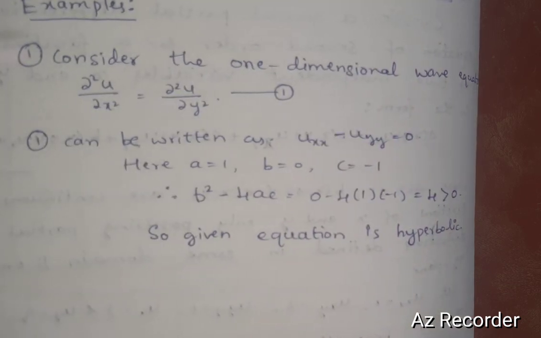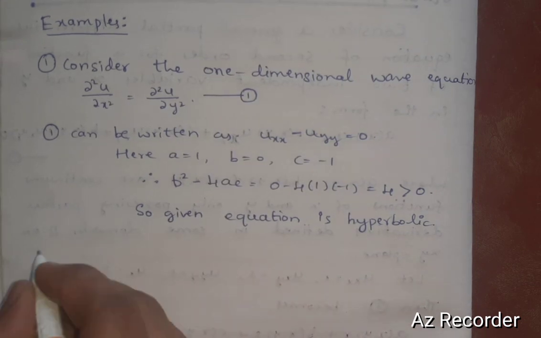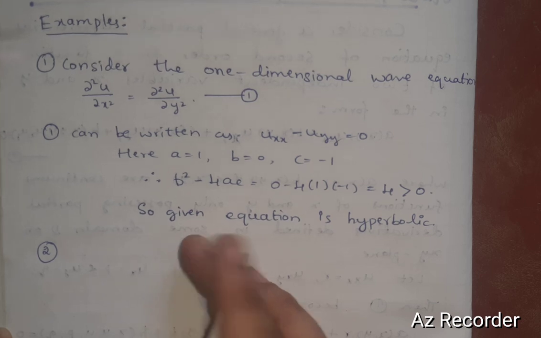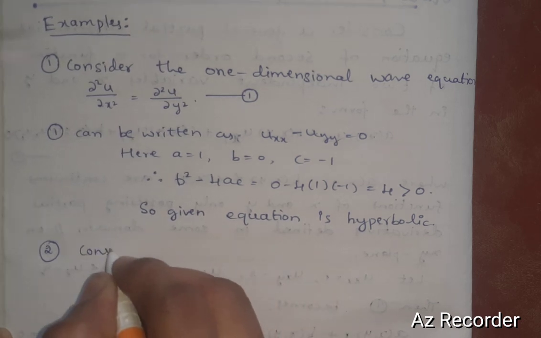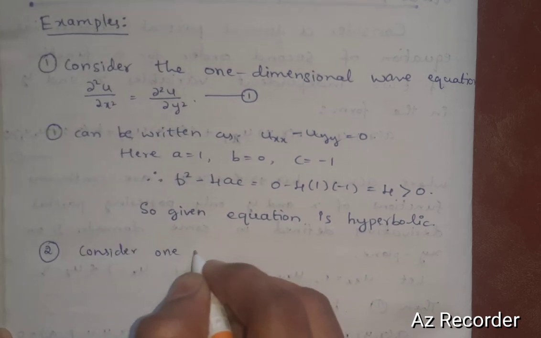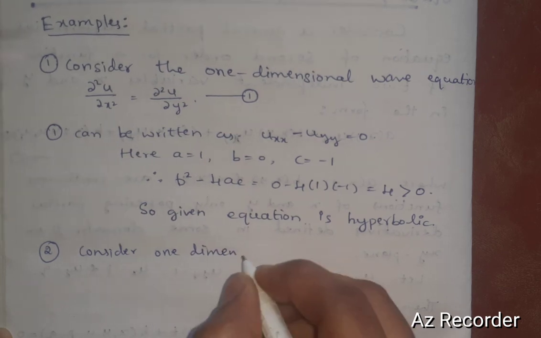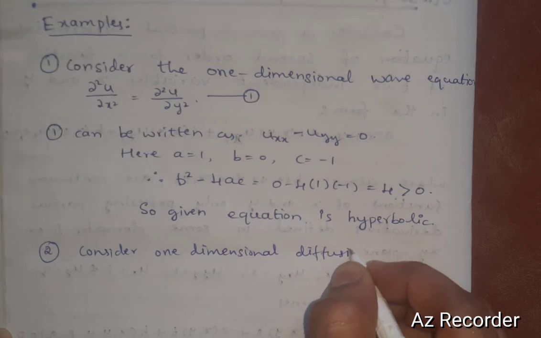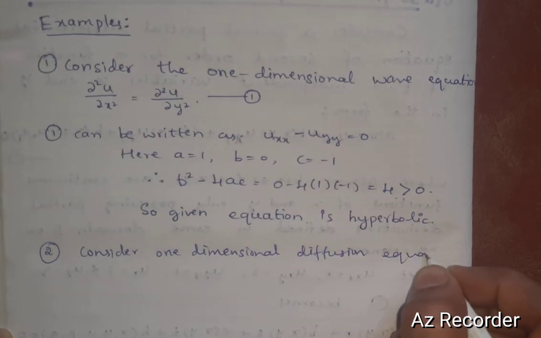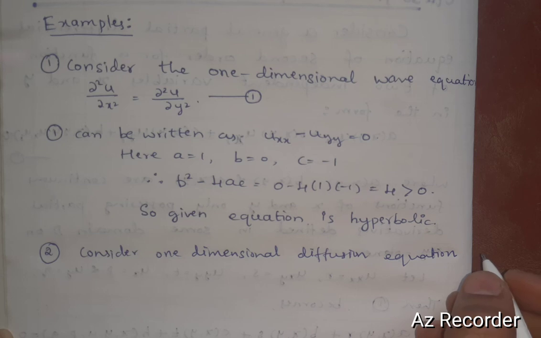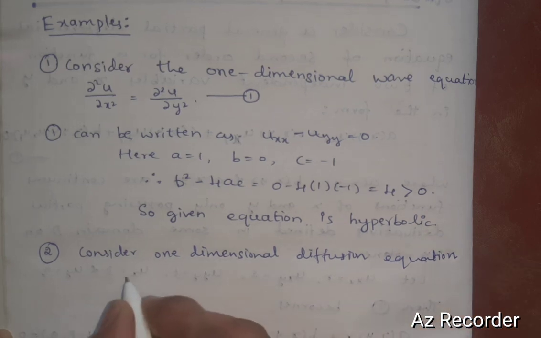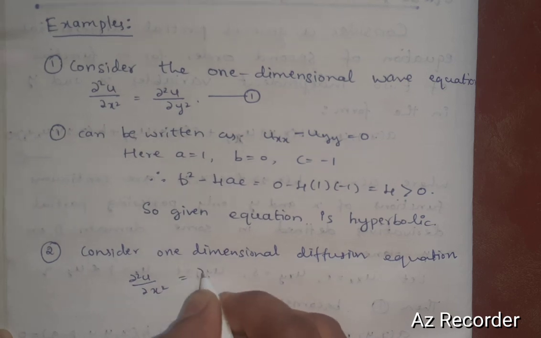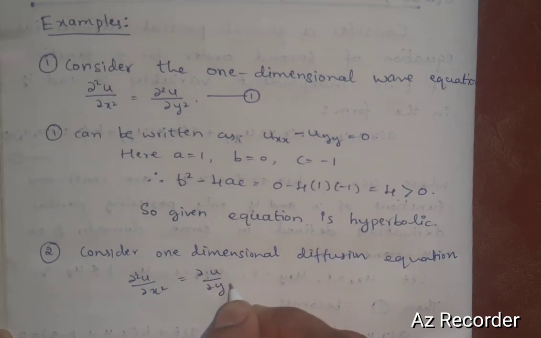Now let us see another example. Consider the one-dimensional diffusion equation, delta square u by delta x square is equal to delta u by delta y.